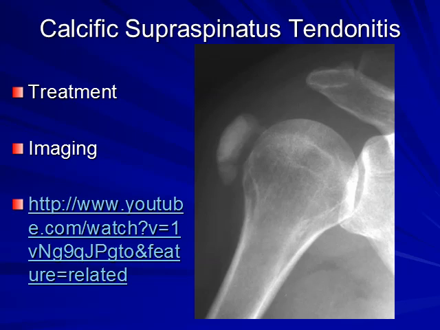They can aspirate this area and draw that mineral deposit out because remember we're talking about the consistency of toothpaste here. They could excise it. They'll do that under arthroscopy, and you can find videos of this on the web. So sometimes this is bad enough to cause tearing, so they have to excise that area and repair the rotator cuff tear that may be present, particularly of the supraspinatus tendon.